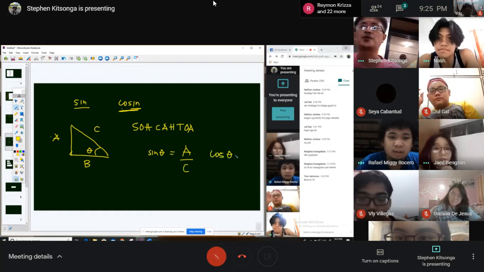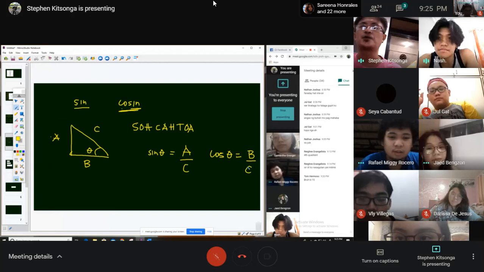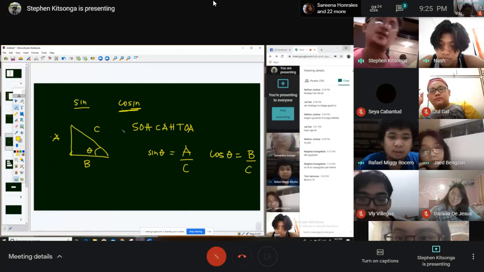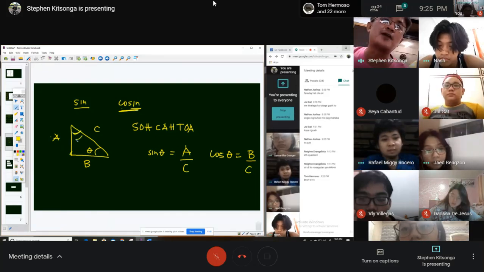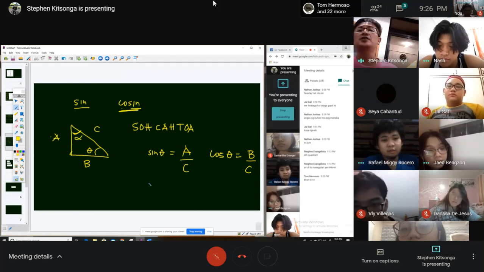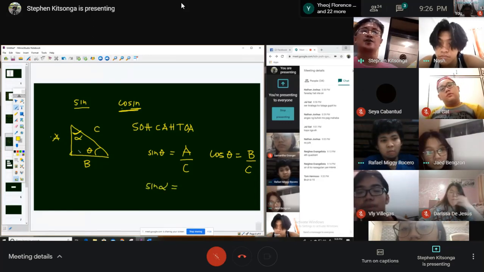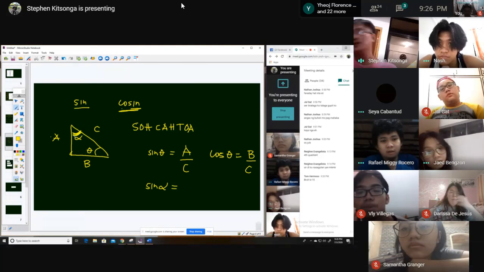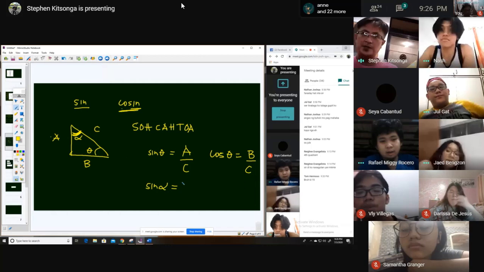B over C. Adjacent side over C. So, from our right triangle trigonometry, very easy to set up. Now, let's have another angle, alpha. Tell me what is sine of alpha. Sino naman yung side na opposite ng angle alpha? B. So, that would be B over C.